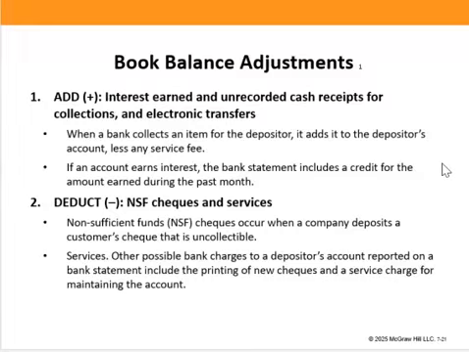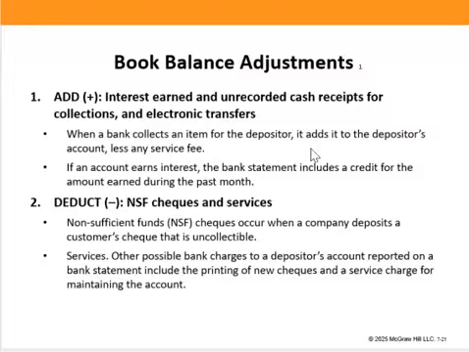Okay, so this is a bookkeeping course. So the book balance represents the balance that the company has by looking at the cash general ledger. So things that need to go through could be adjustments that have already gone through the bank, but we haven't recorded yet.